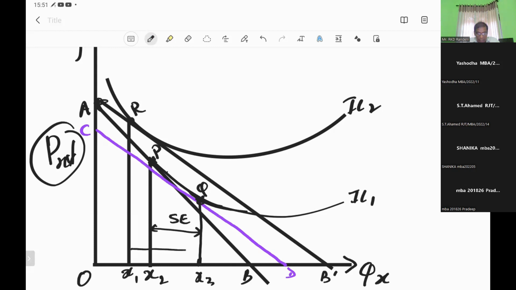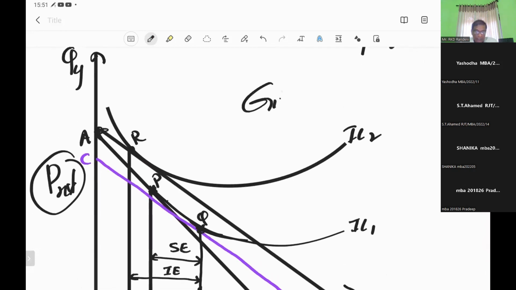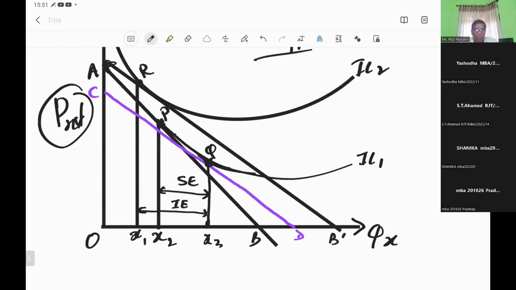This is actually the income effect. For an inferior good, the income effect is more powerful than the substitution effect. This is the total price effect.